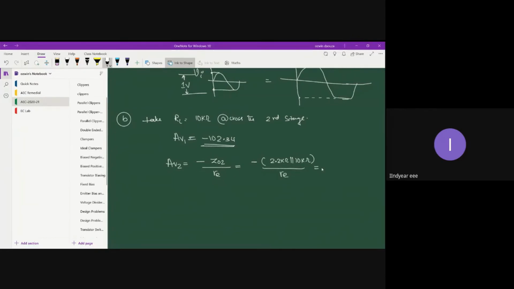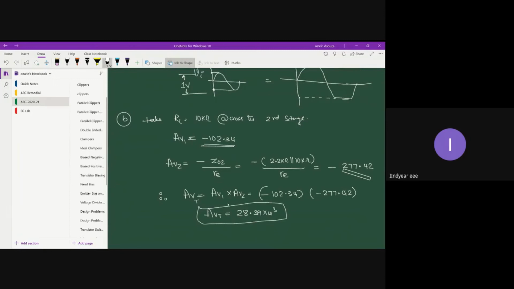So you will get it as minus 277.42. Therefore the overall voltage gain AVT is equal to AV1 times AV2, that is minus 102.34 times minus 277.42, or overall voltage gain AV total is 28.39 times 10 to the power 3.